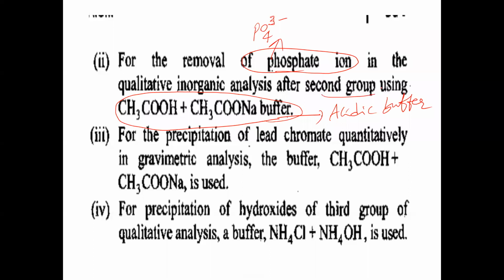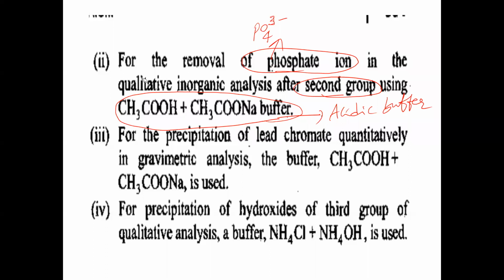In which group? Second group. Second group does not mean the periodic table group, and it's not the alkaline earth metal group here. All cations will be divided into different groups. So for the removal of phosphate ion in qualitative inorganic analysis after the second group, we use an acetic acid and sodium acetate buffer.